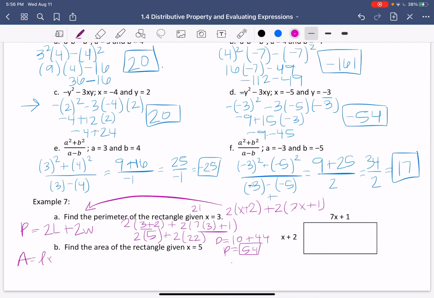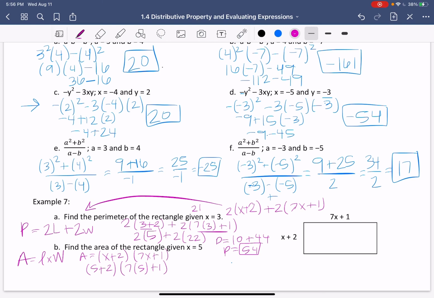Okay, so our length times width. So we would have x plus 2 times 7x plus 1. Okay, and then we can go ahead and plug in our value of x, which is 5. So we have 5 plus 2 times 7 times 5 plus 1.